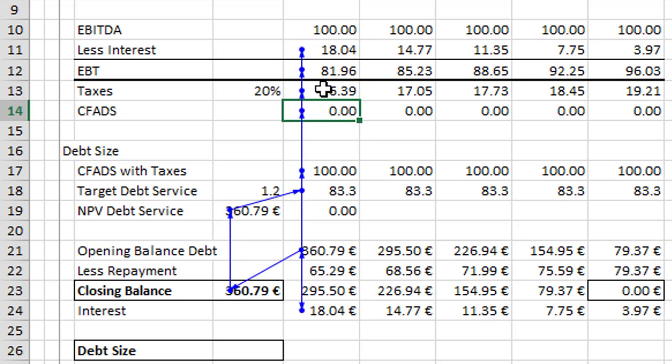Our taxes go to CFADS. That drives our CFADS, drives our debt service. But then we have to take the NPV of that debt service, and that NPV of the debt service drives the interest, which drives the taxes.